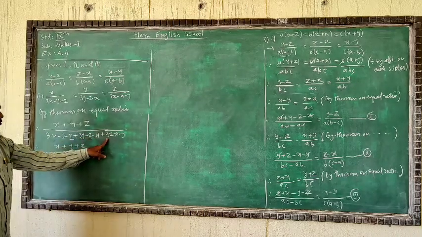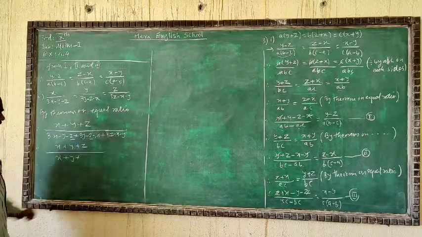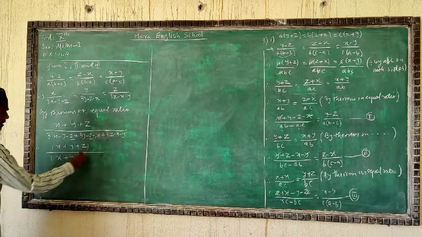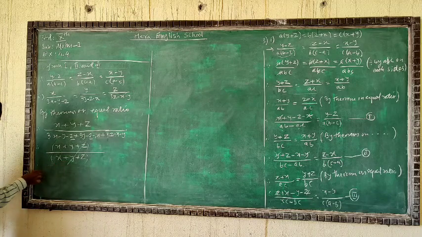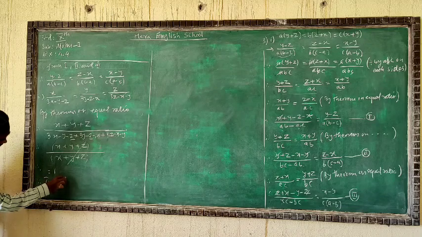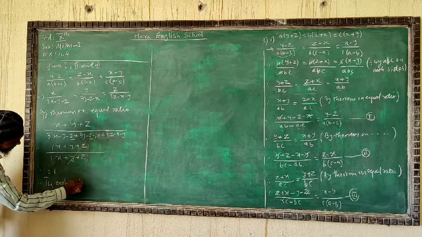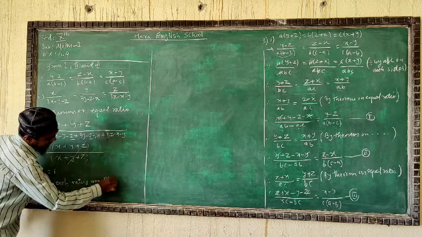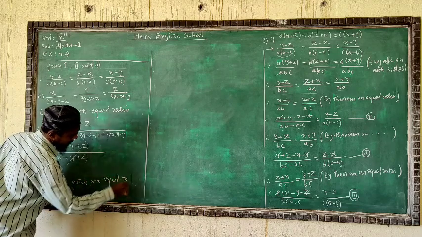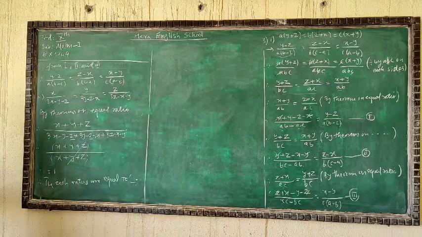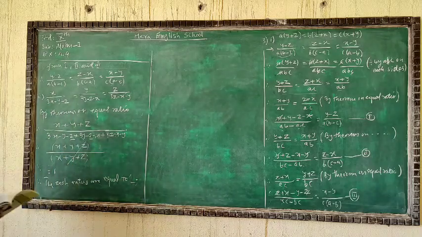These 2z will be cancelled, from the 3z you will get only 1z. Both numerator and denominator are the same. Cancel this one, then you will get 1. So we can write, therefore, each ratio is equal to 1. Okay, got it everyone? This is your answer for this question.